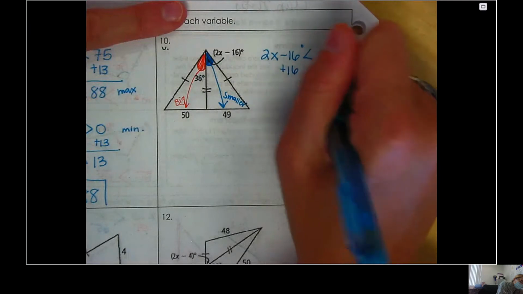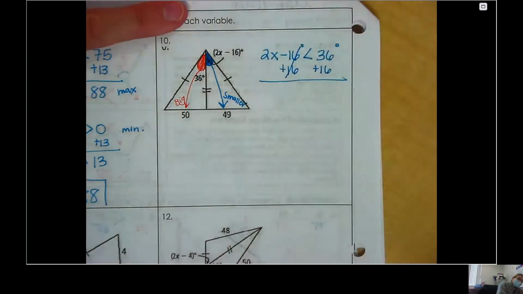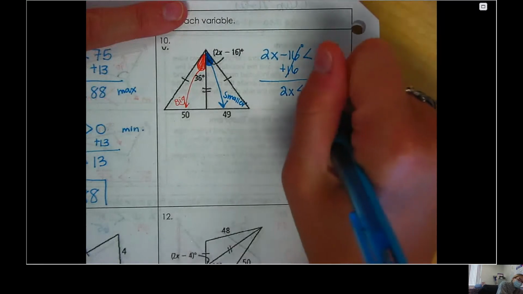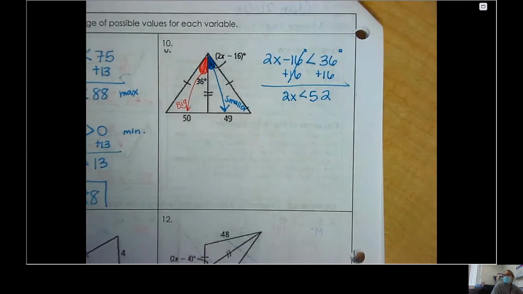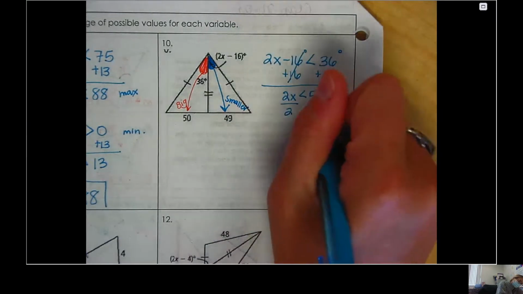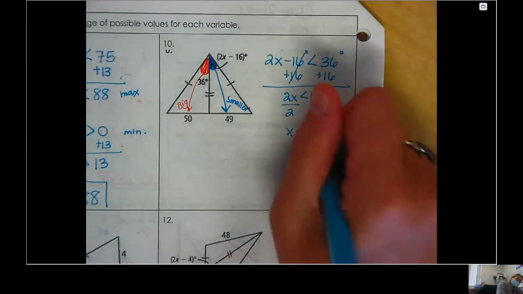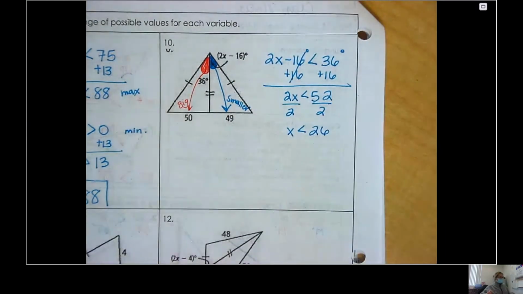Add 16 to both sides. So I get 2x is less than 52. And then what's my last step? Divide by 2. I get x is less than 26. So that's my maximum. It can't be any bigger than 26. It has to be a number smaller than that.